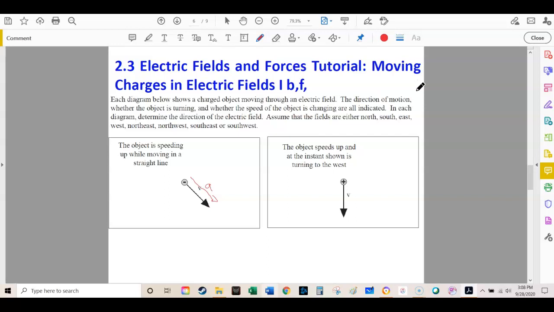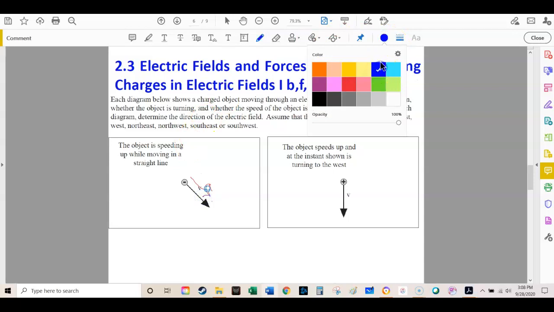So the definition of speeding up again is that your acceleration vector and velocity vector are pointed in the same direction. So let's say that acceleration vector is this big.